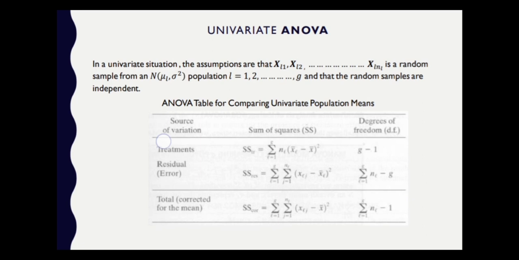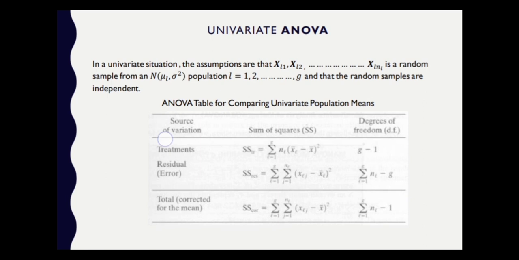Having a common covariance matrix means that the covariance matrix for the first population should be equal to the second population, should be equal to the third population. So we note it as big sigma only. And then each population should be multivariate normal.